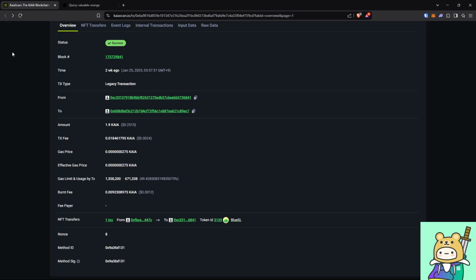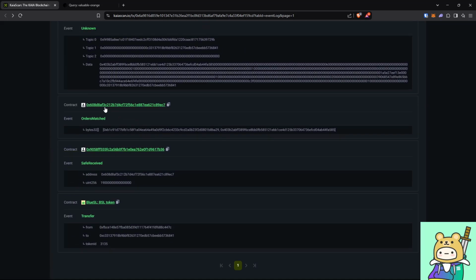So the only thing I know from here is that it is an NFT sale, and we can get a few things from here. One is that this particular address interacted with this 608 address, and if you go to event logs, the only useful information is that we know the 608 address is the NFT platform address, and it has this OrdersMatched event, which is very similar to CPOT 1.6.